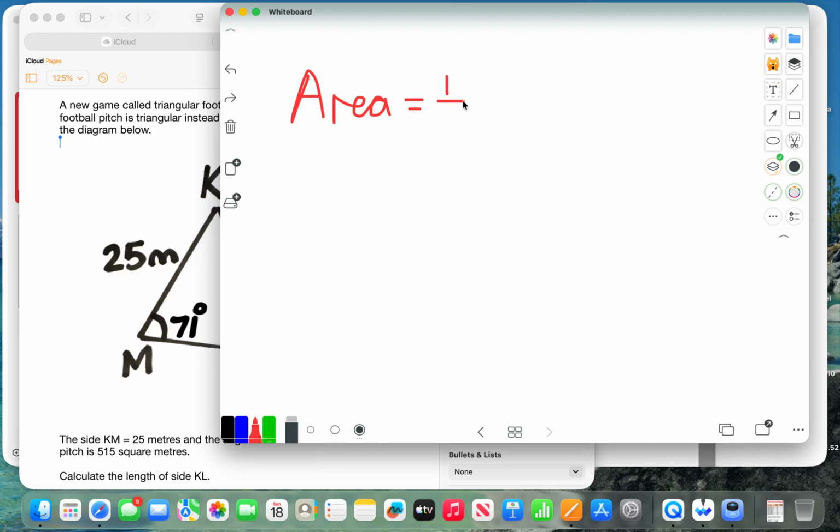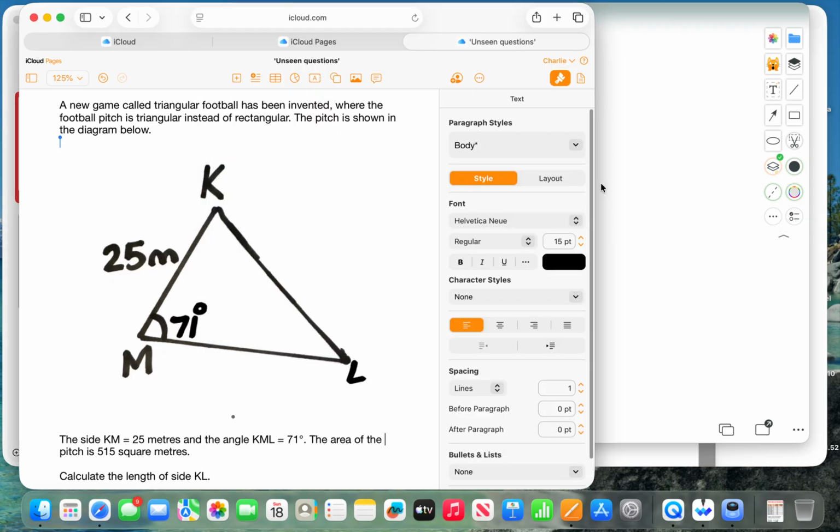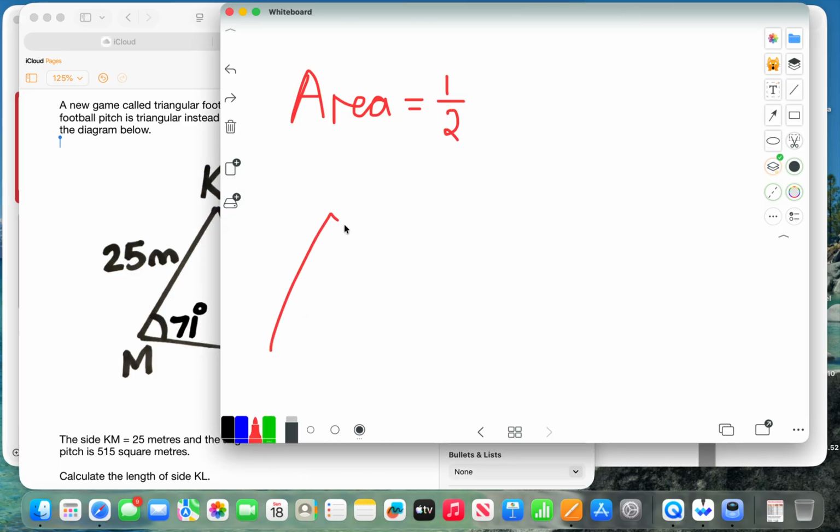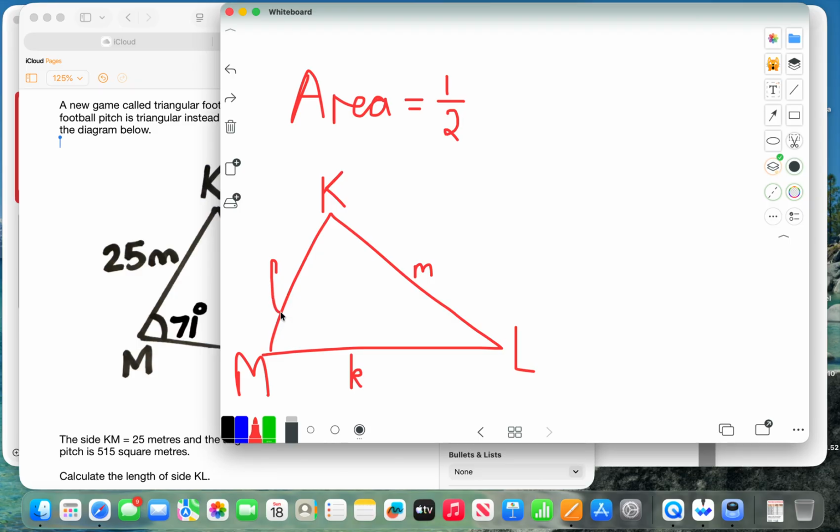And it's 1/2. We're going to use KM and L. So again, we have capital M and small m, capital K and small k, capital L and small l.